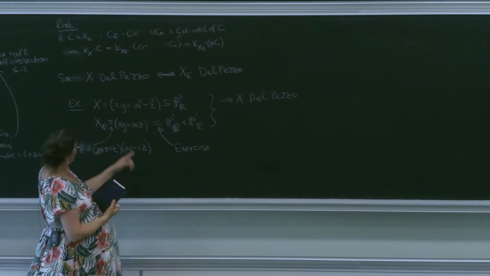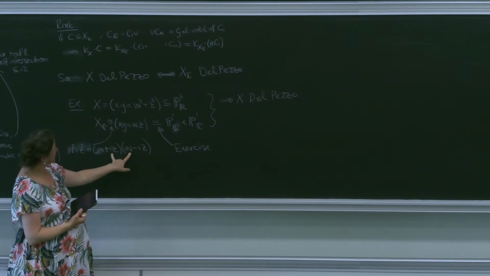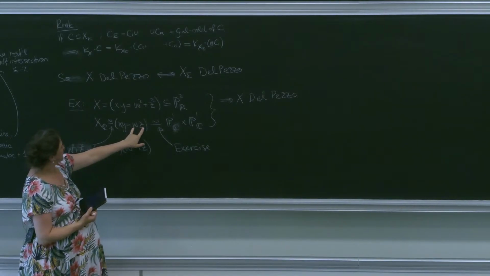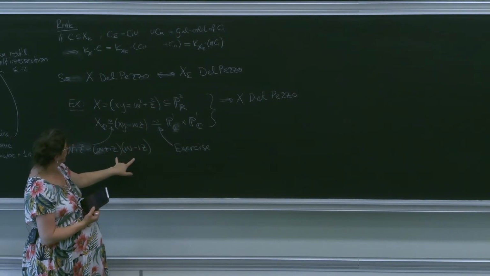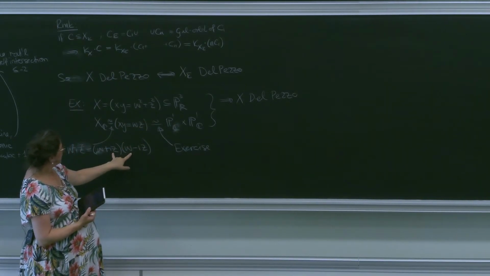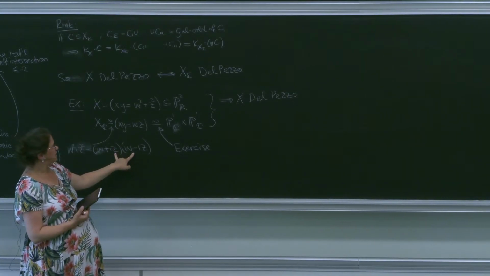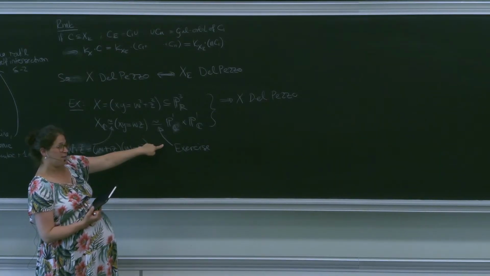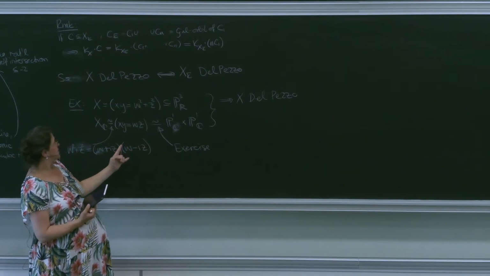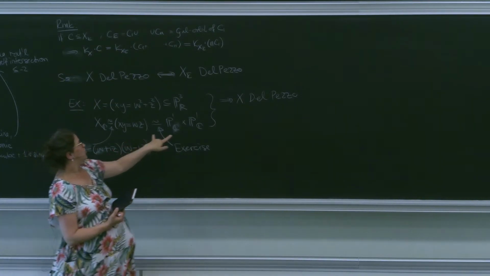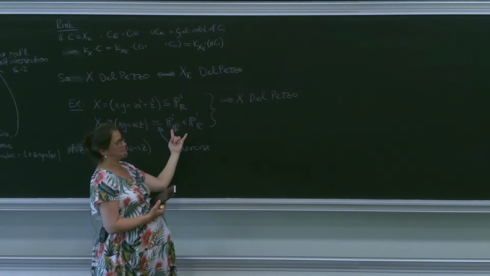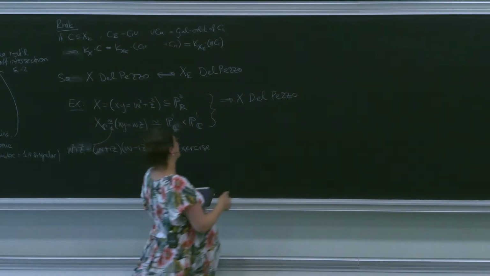But in this variety over C, the Galois group of C over R exchanges these two parts. This actually means, if you write down the isomorphism, that the Galois group exchanges these two fibrations.